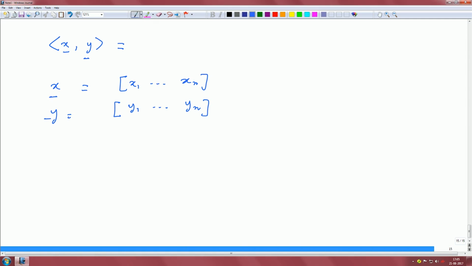The inner product of x and y is basically x transpose y, which is x1 y1 plus x2 y2 plus so on till xn yn, and this is also y transpose x, for vectors whose entries are all real numbers. If they have complex entries, there are some more trivialities which we will reserve for homeworks.